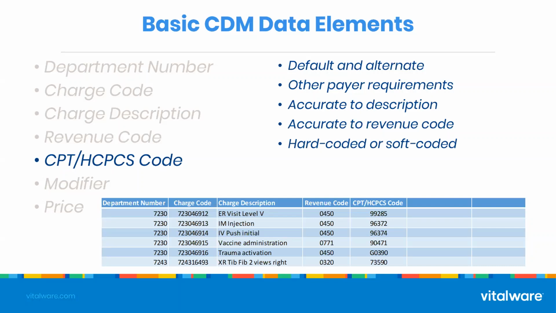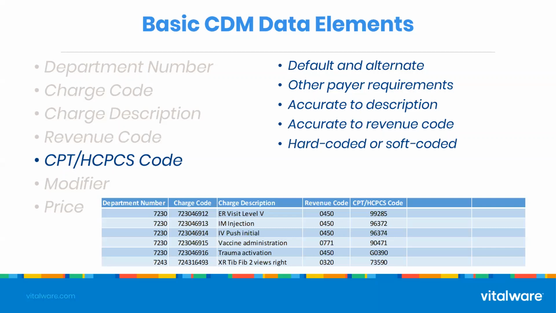So the default column is typically set to Medicare. I've seen hospitals use other payers as their default if that is their largest payer mix and their Medicare payer mix is very low. So they would set a default and then they would set alternate.